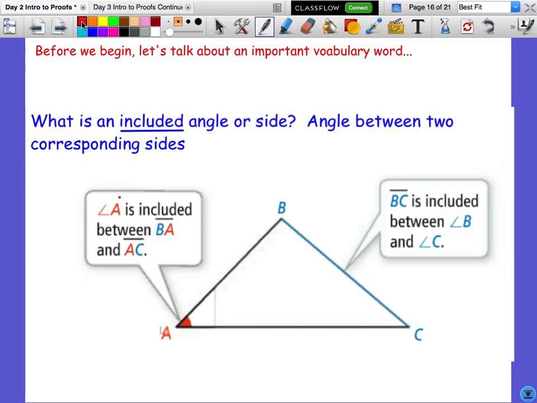So angle A, which is right here, is included between AB, or BA, and AC. It's in between those two things. Whereas if we're talking about segment BC, this is included between angle B and angle C. So included means in between.